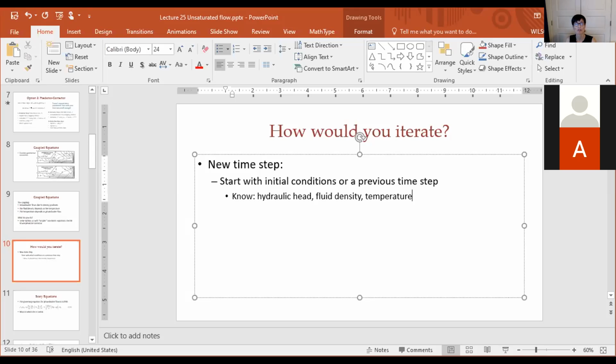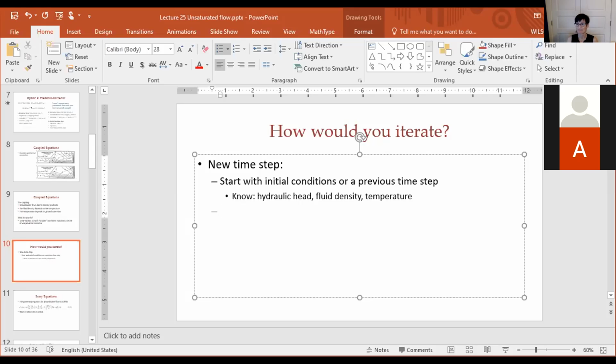Okay, so the next thing we need to do is we need to start doing something with the new time step, right? What do you think we should do? I mean, at this point, would you solve the governing equation?